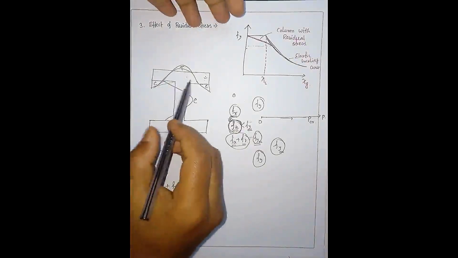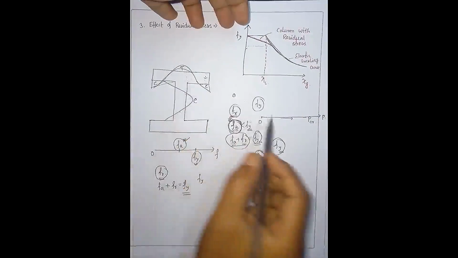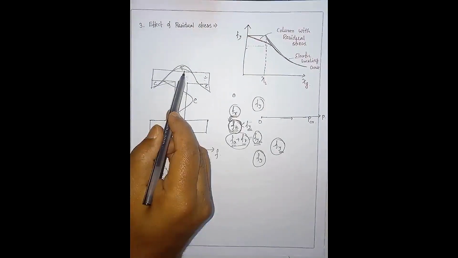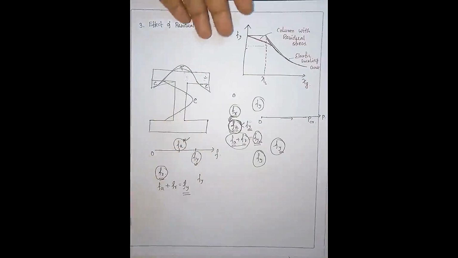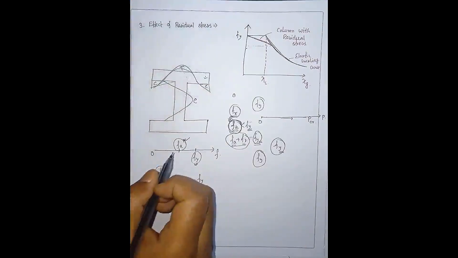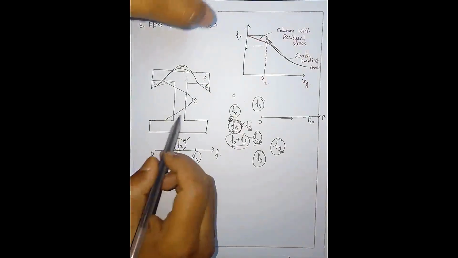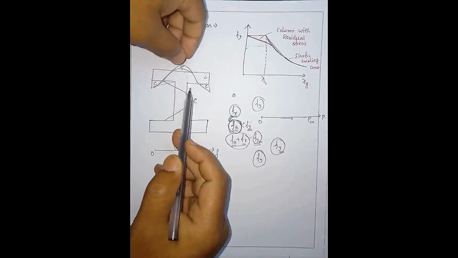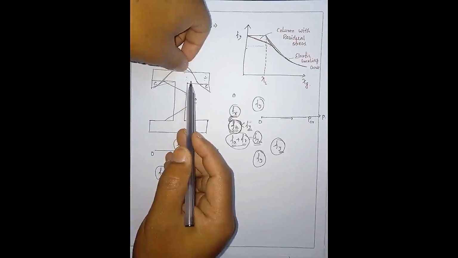Now, what I have already said about this part: let us consider this part where there is an initial residual tension, or tensile stress. If I apply some compression on the total cross section, some compressive stress is required to balance this tension.